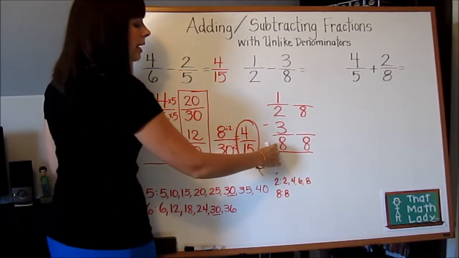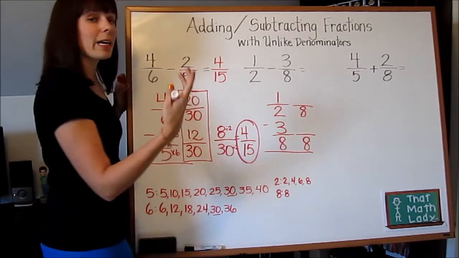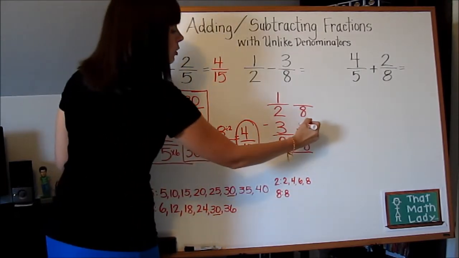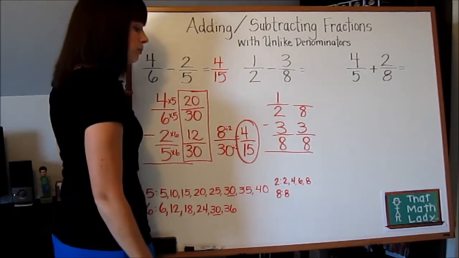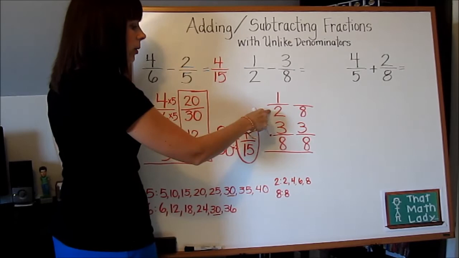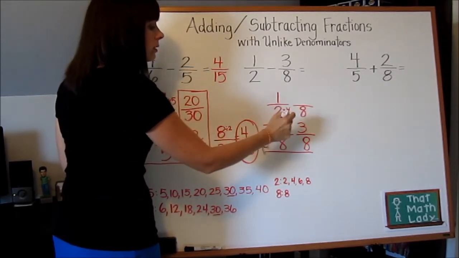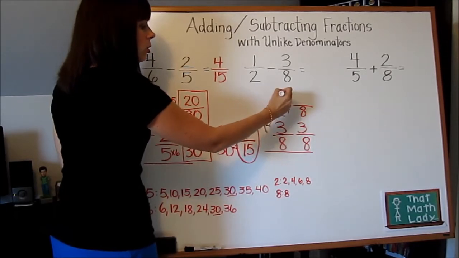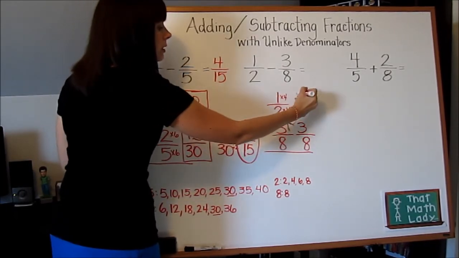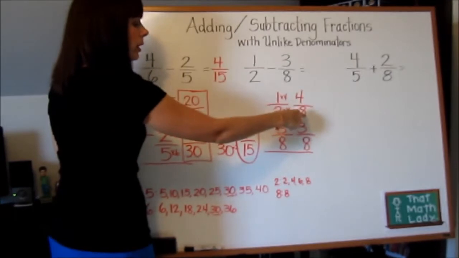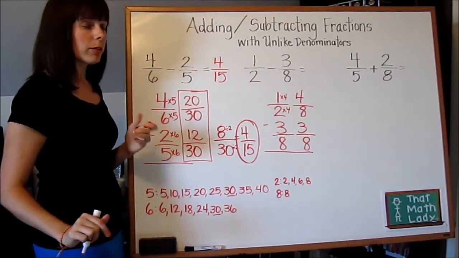And to find an equivalent fraction for 1/2, 2 times 4 equals 8. So 1 times 4 is 4. So 4/8 and 1/2 are equivalent fractions.